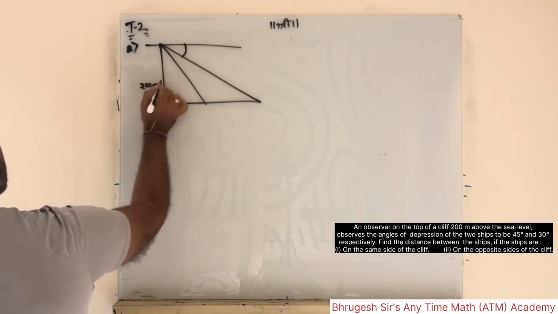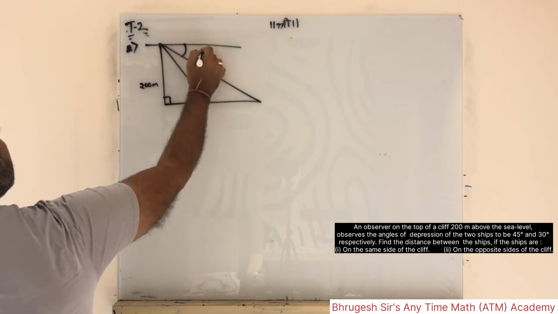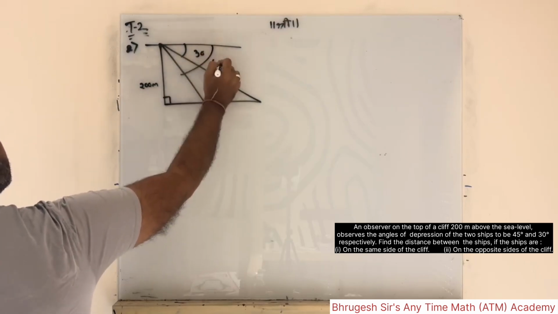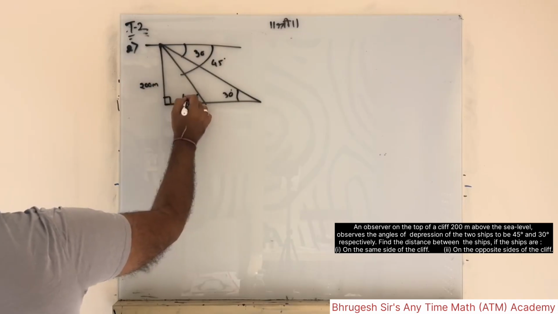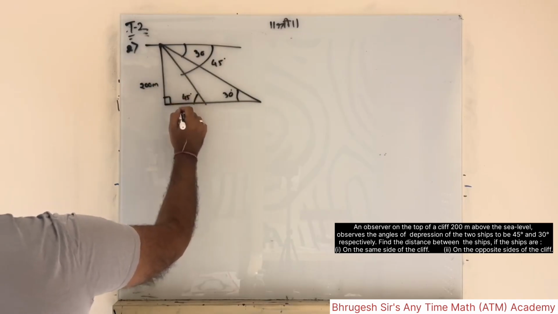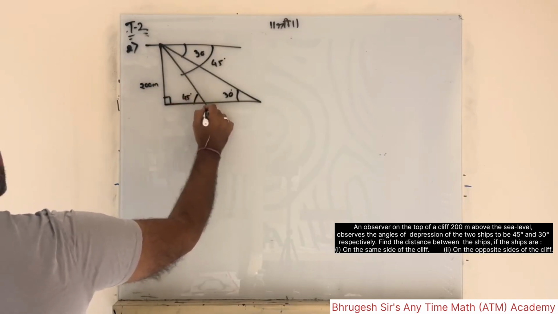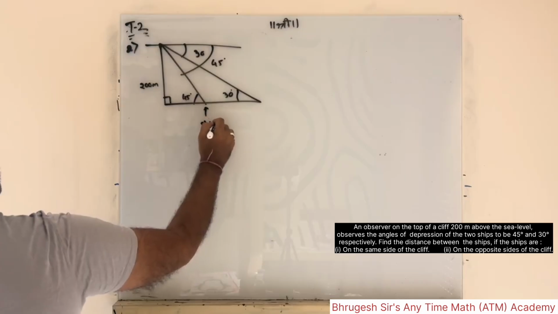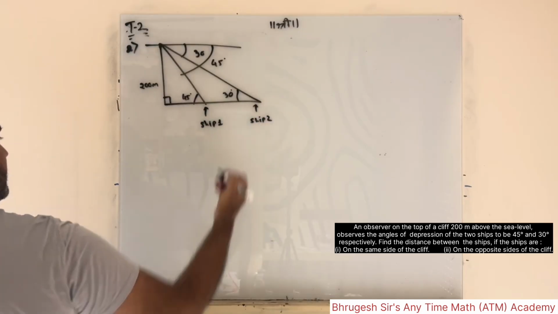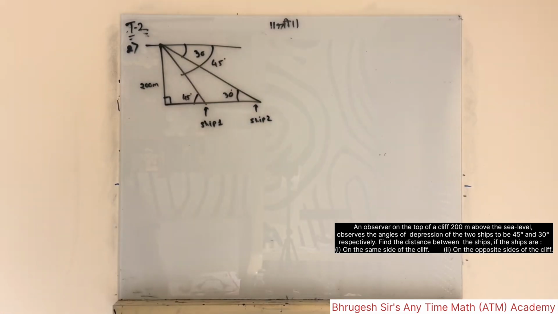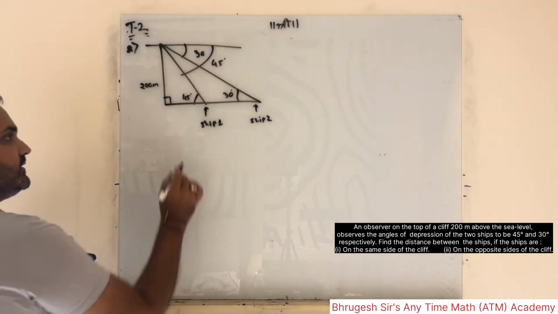The angle of depression is 30 degrees and 45 degrees. We have to find the distance between the two ships. Okay? Got it, beta? Perfect.